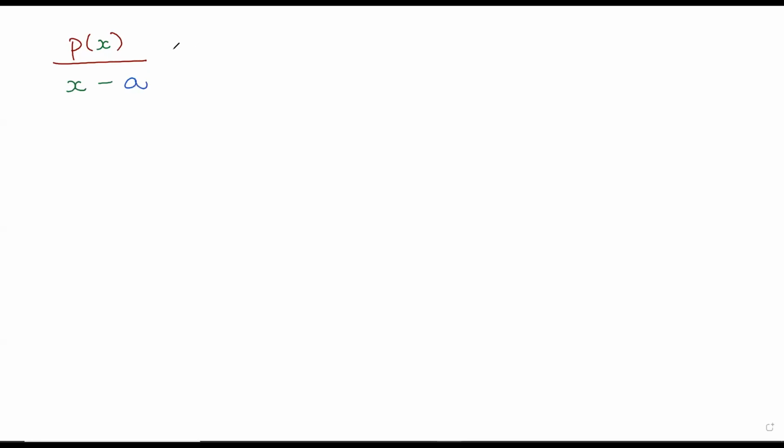Then when we do this division, the remainder is going to turn out to be this polynomial, but you replace x with a. So it's going to be equal to p of a. So this is the remainder theorem.